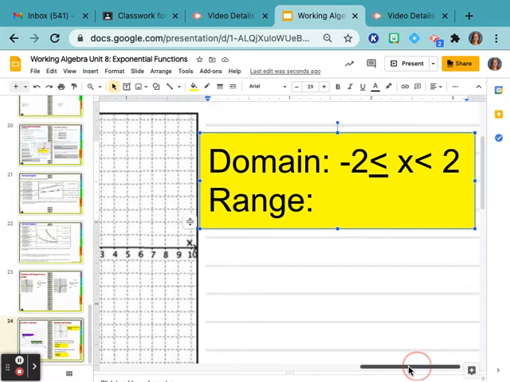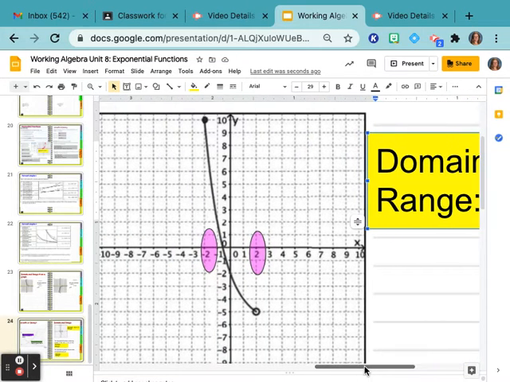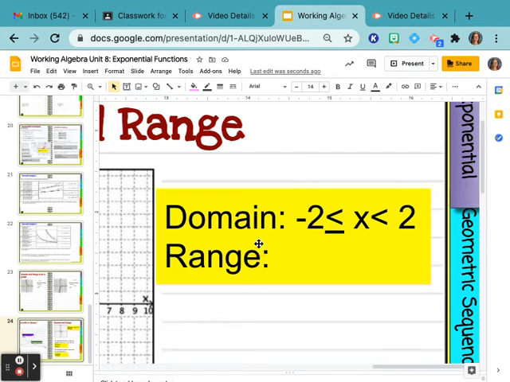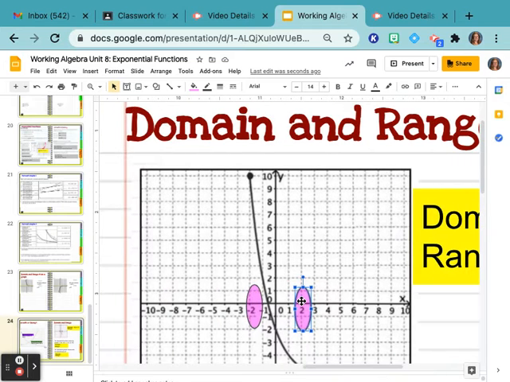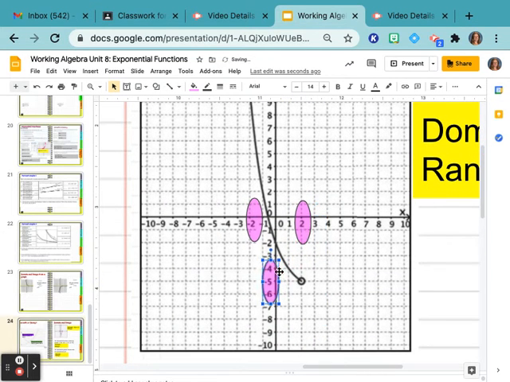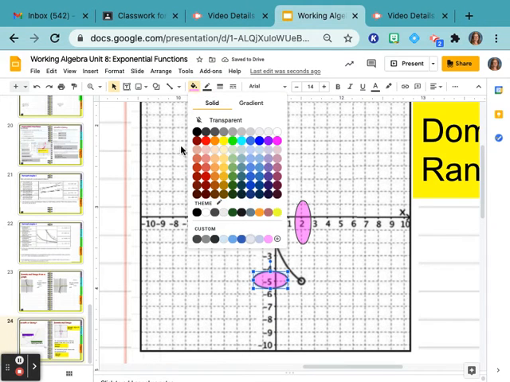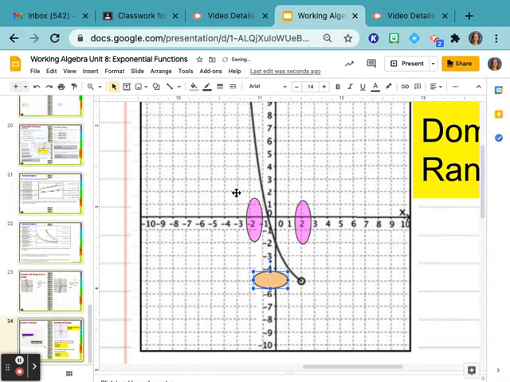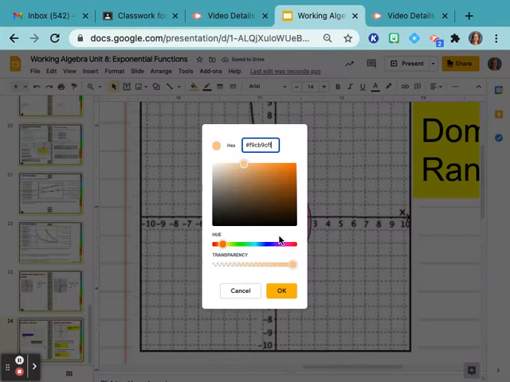Okay, our range is next. So range is how low and how high it will go. So I'm going to use these circles again, copy and paste, but I'm going to change the color. I'm going to do it more as an oval going this way. I think I want to do like an orange color, but I want to make it transparent.